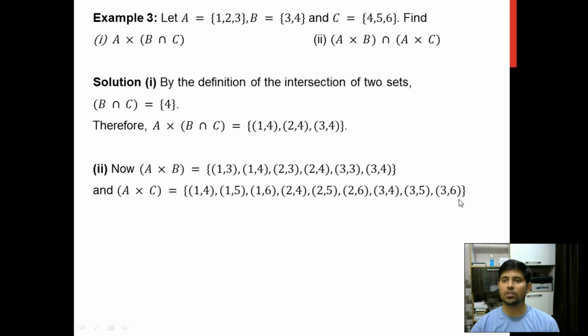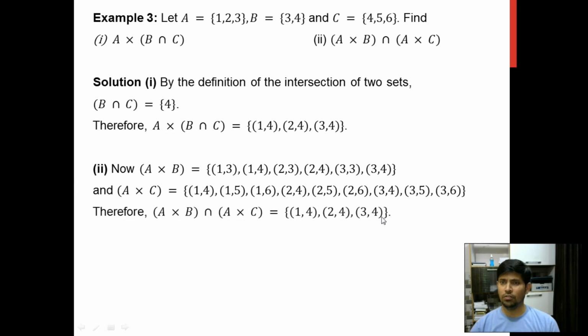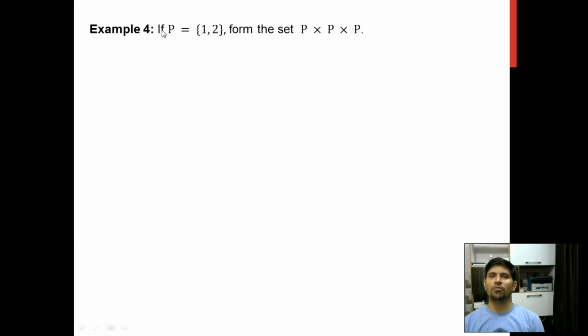These are the elements of A cross C. Now you can observe here (1, 4) is common in both, and (2, 4), (3, 4) are also common here. So we can write that A cross B intersection A cross C is (1, 4), (2, 4), (3, 4). And question number 4. This is set P is given.